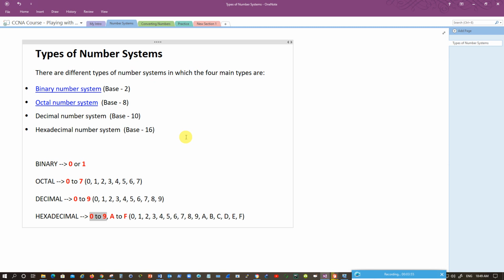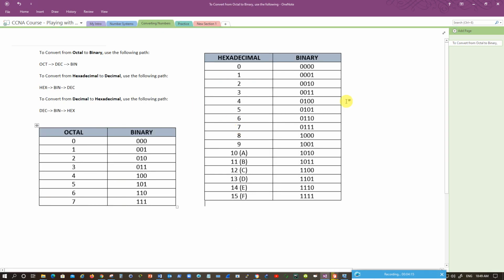If possible, I'll try to show you how to use calculators also if the numbers are going too large, but most of the time, using these methods that I'm going to demonstrate in front of you, you are going to easily convert them on a sheet of paper or wherever you want. So let's get to understanding the conversion process.